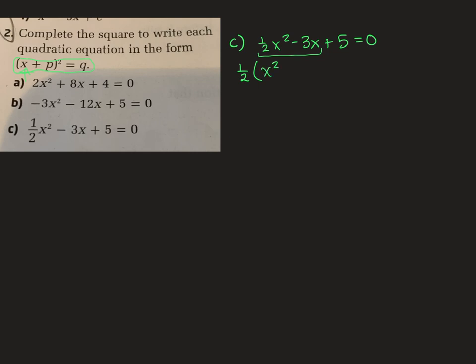And then we factor it out of -3, which means we're dividing. So -3 divided by 1/2 would be the same as -3 times 2 over 1, so that should equal -6x. Leave a little room because we want to create the perfect square binomial from this trinomial, plus 5 on the outside.